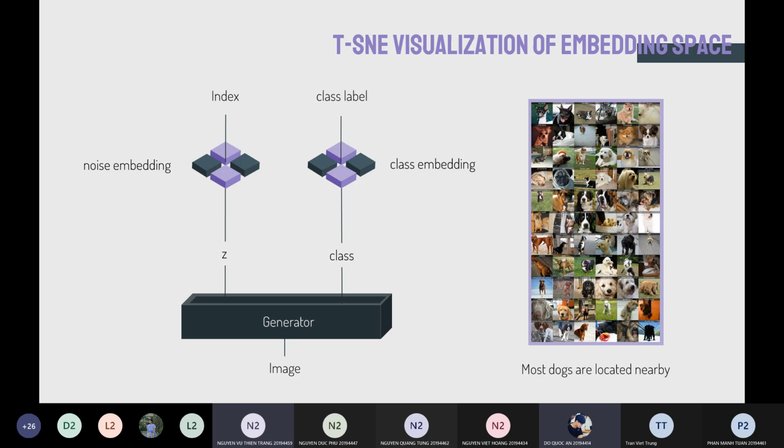For example, as you can see in the slide, most dogs are located nearby. The semantically meaningful T-SNE arrangements of the BigGAN class embeddings motivated us to search in the neighborhood of an original embedding to find a new vector that yields a better image, which results in a better embedding compared to normal initialization and training from scratch.